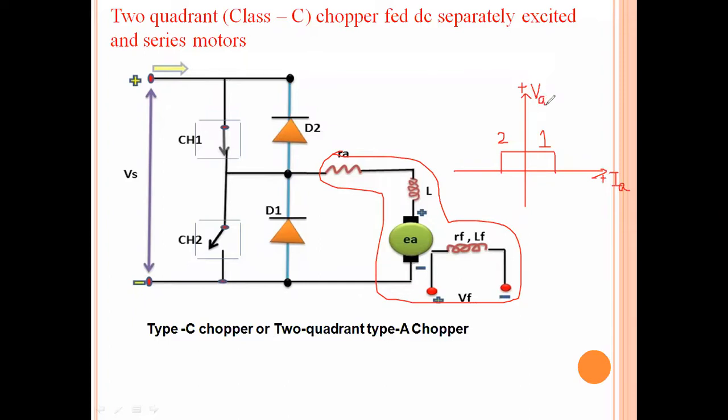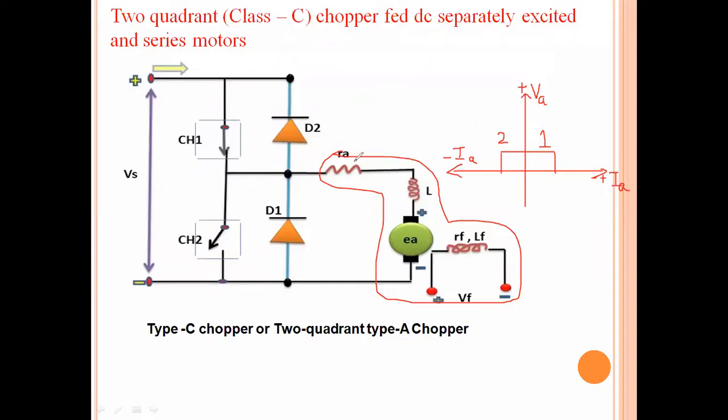You can take any notation, VA or EA. And in the second quadrant, the armature current is negative. Negative armature current means the load generates the energy and feeds it back to the source.